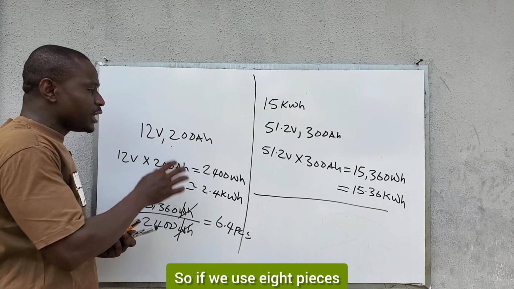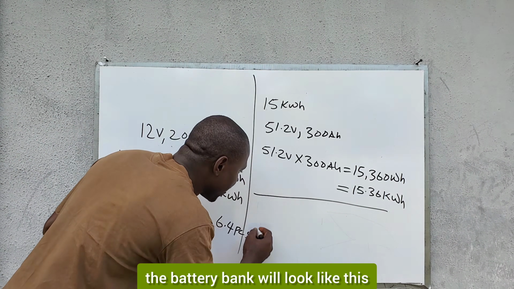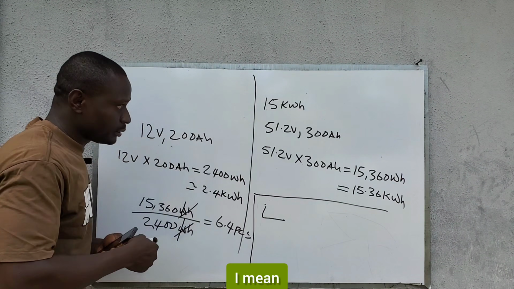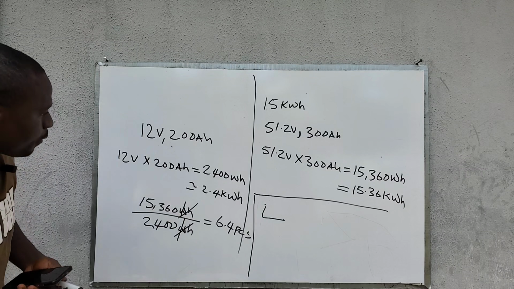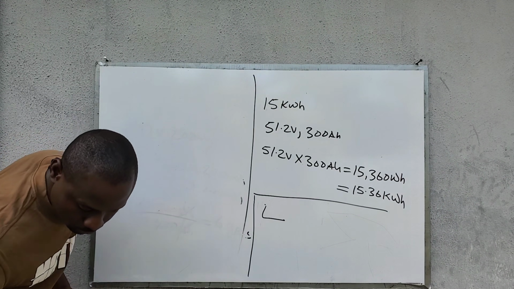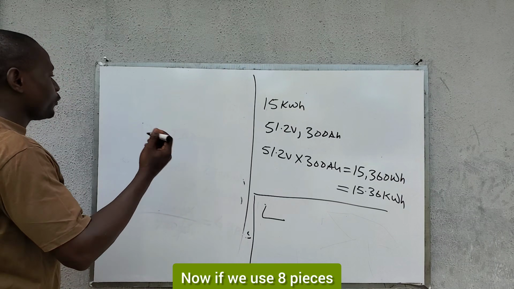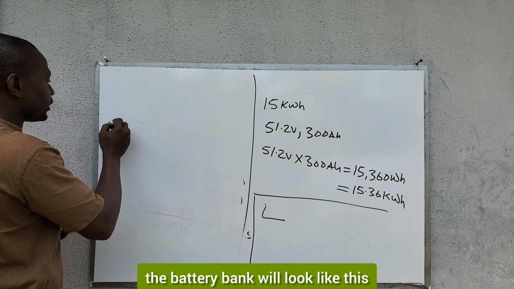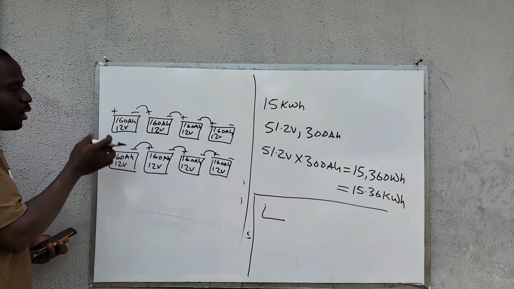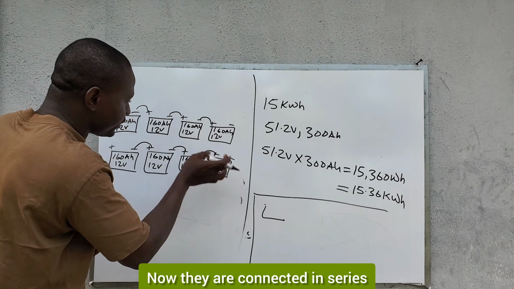So if we use 8 pieces, the battery bank will look like this. We have 160 amp hours, 12 volts, connected in series.